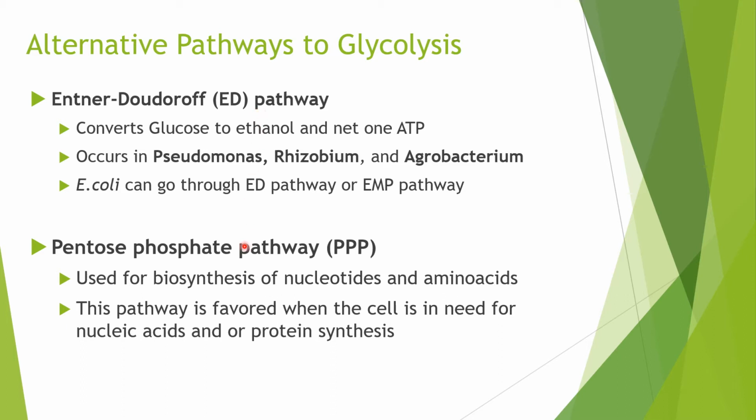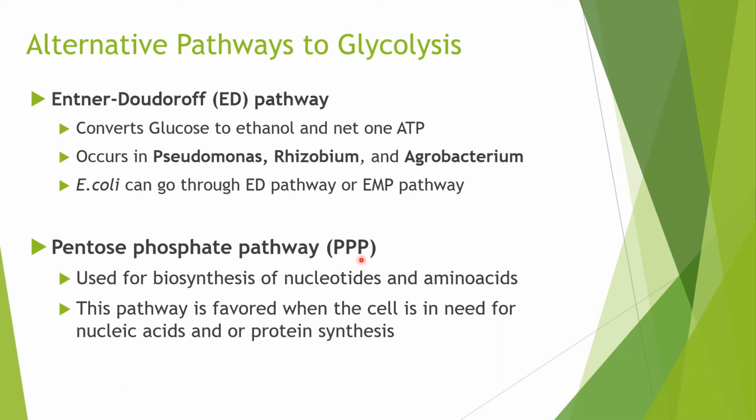But there are actually some bacteria out there, like E. coli, that have the ability to go through the ED pathway or the EMP pathway. So they can go through either if they want.